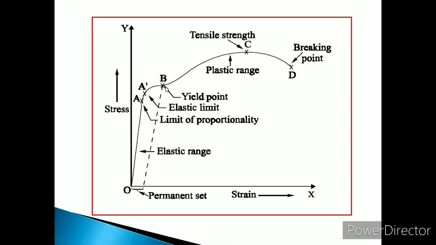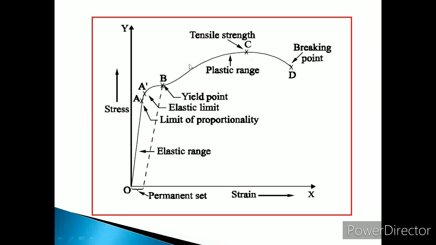Now we have to increase the stress, that means add load at the free end. What will happen? If a small external force is applied, the body will take a new path, BC. That means when we apply further load, the graph takes a new path, known as BC.